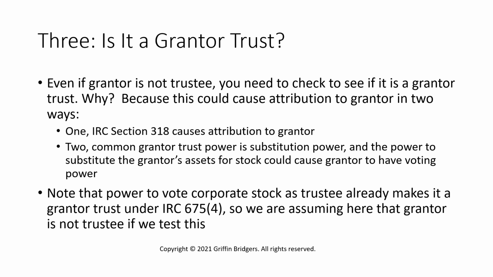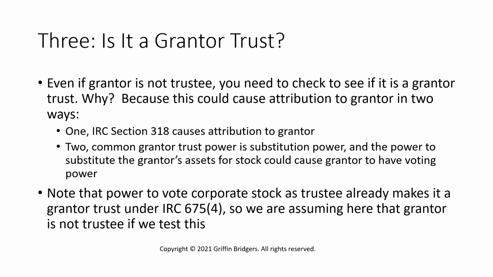It could be that the grantor maybe has the substitution power to substitute assets in the trust with the grantor's own assets, and that could be used to reacquire the corporate stock. And in that situation, it's assumed that the grantor would do so and could get back that voting right.